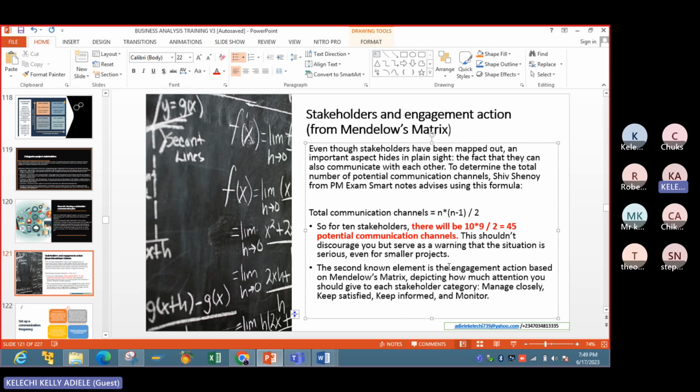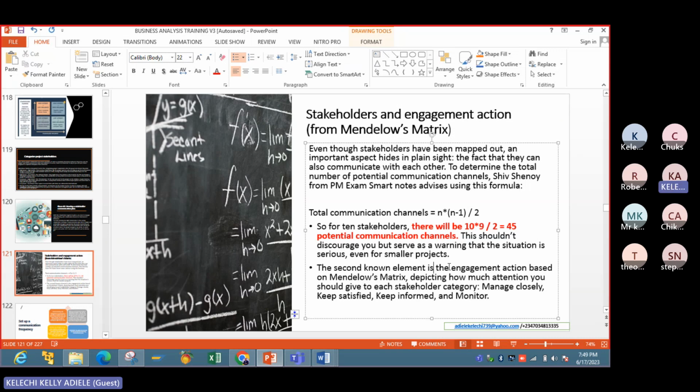So what it means here is that, based on this theory, if you have 10 stakeholders, then you have to look for 45 potential communication channels. Because for example, a stakeholder you said phone calls will be good today, tomorrow might not be picking your calls, or calls might no longer be okay, because maybe he's not happy with the management, or he's not happy with you, or he likes things to be formal, so send mail.